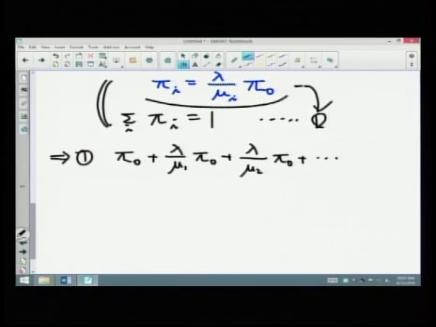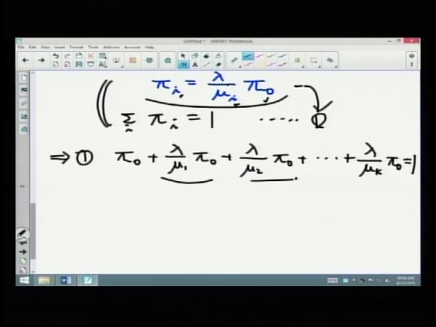Because instead of pi 1, we're going to have lambda over mu 1 times pi 0. Instead of pi 2, we have lambda over mu 2 times pi 0. Like this. Make sense? And then finally, you have lambda over mu k times pi 0 is equal to 1.